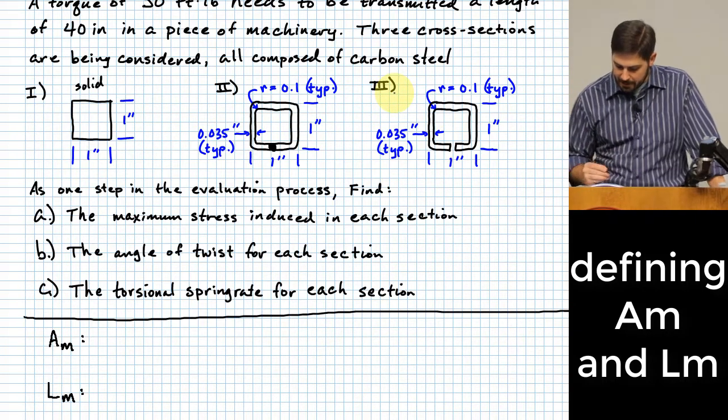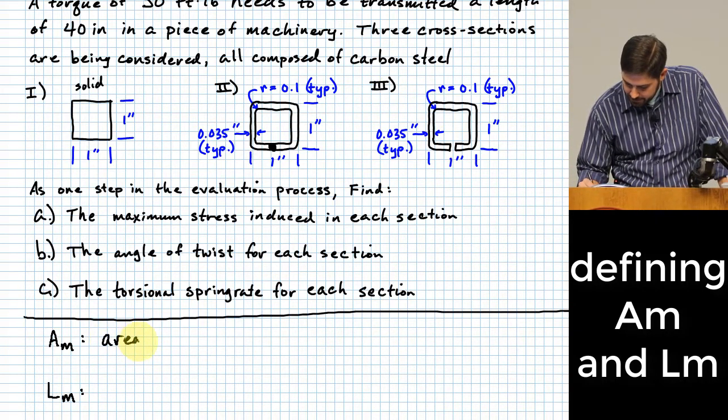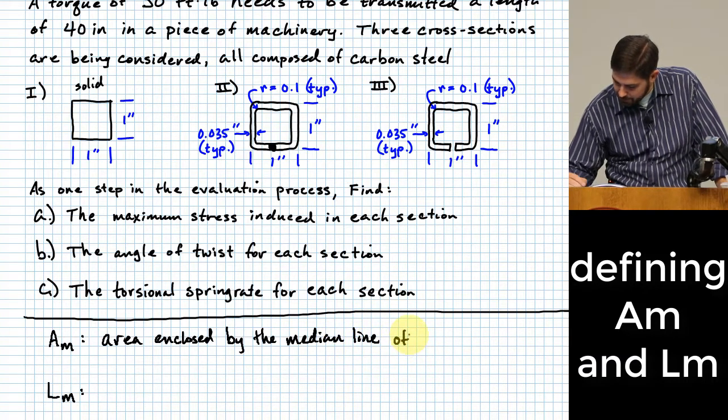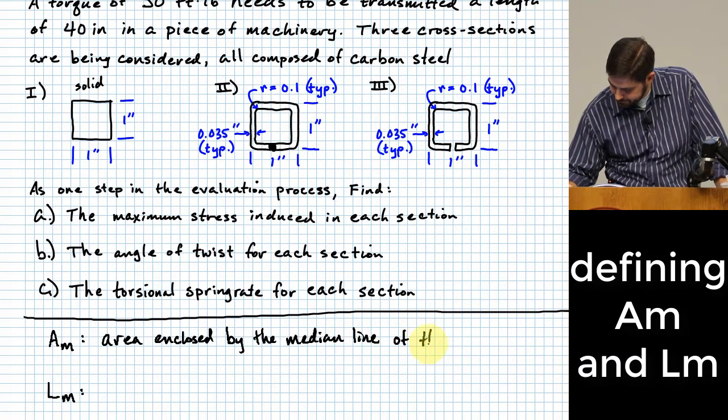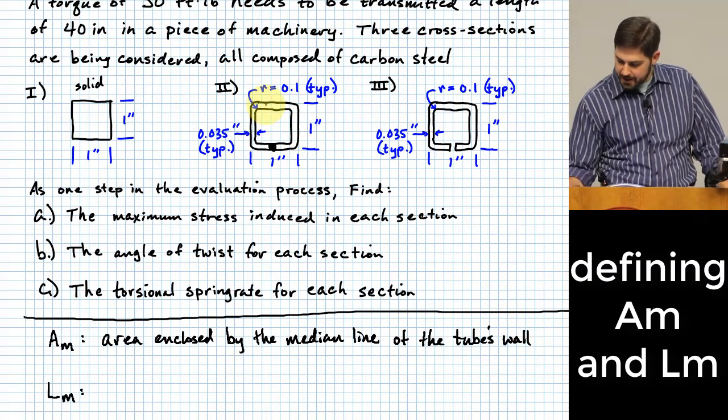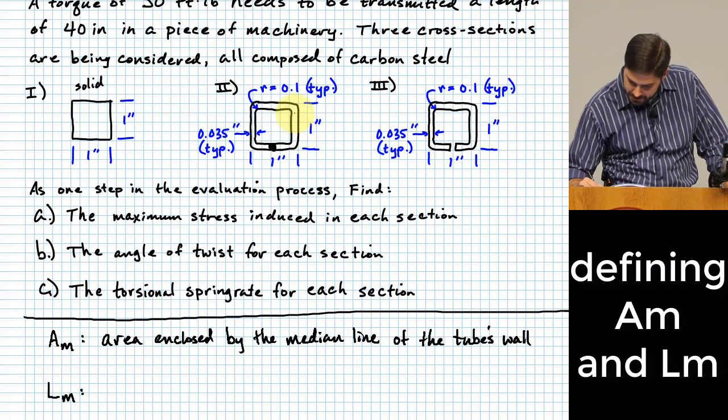All right, A sub m is the area enclosed by the median line of the tube's wall. What that means is you look halfway across the cross section.